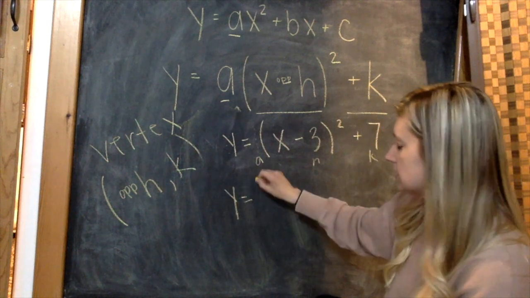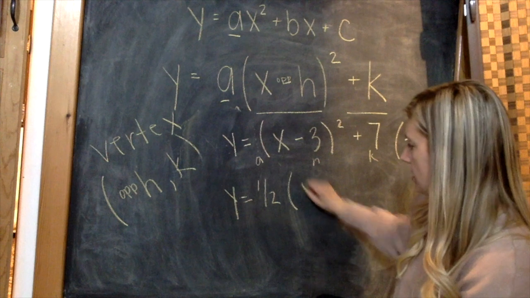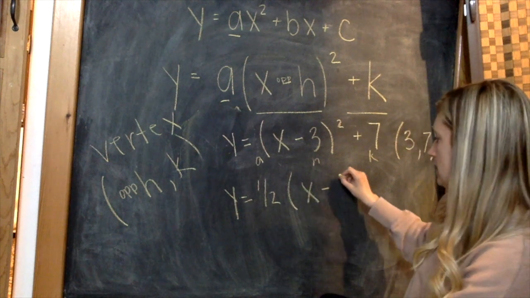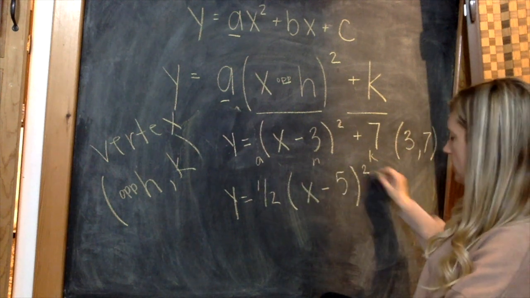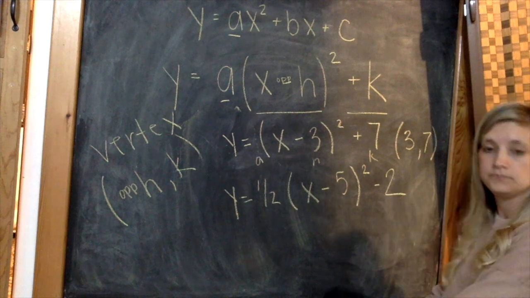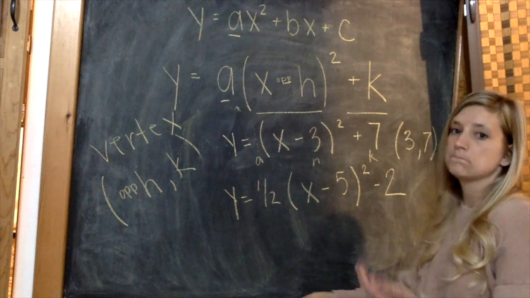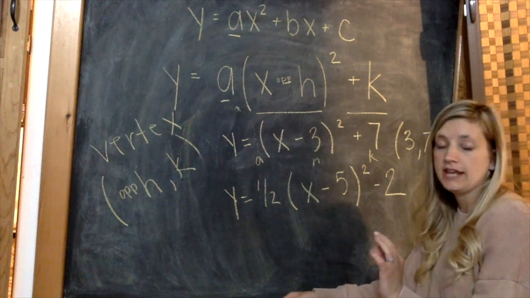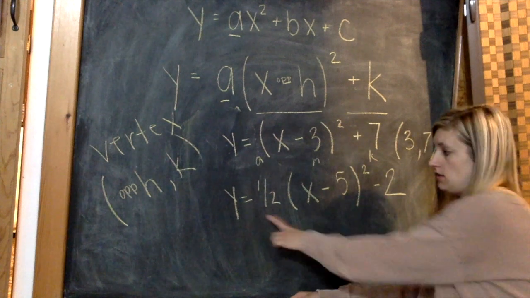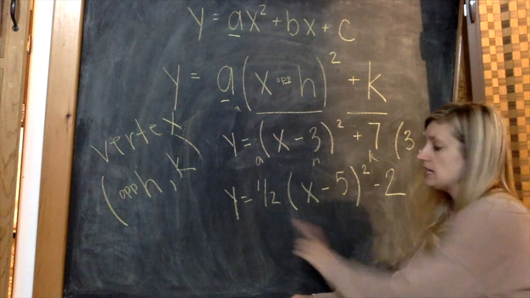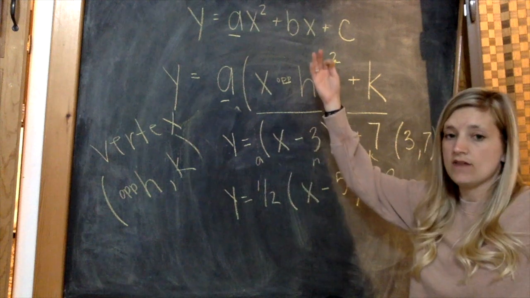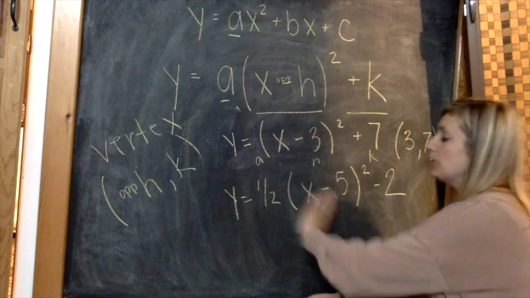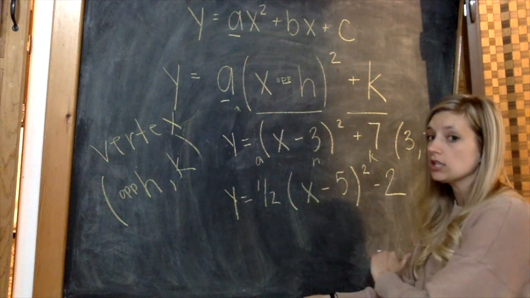Okay, let's do one. y equals 1/2 (x minus 5) squared minus 2. Okay, so I need opposite H, K. Yes, they give me an A, and I know that A is telling me that it's concave up and that it's going to get wide, but we don't really need that for the vertex. We're just looking for a vertex.